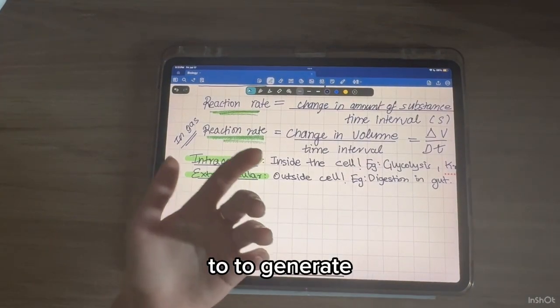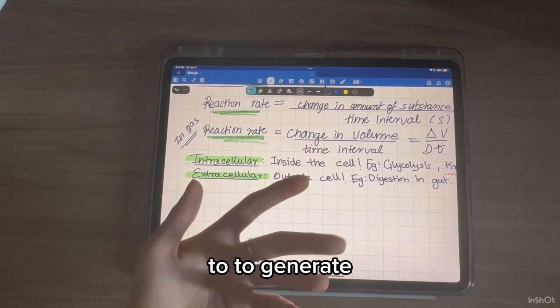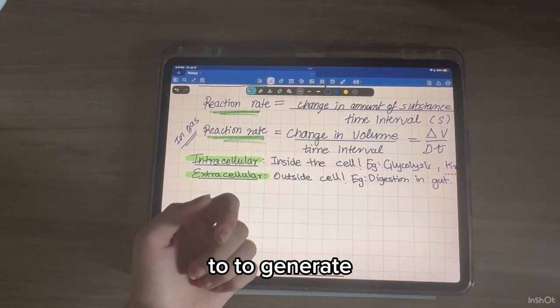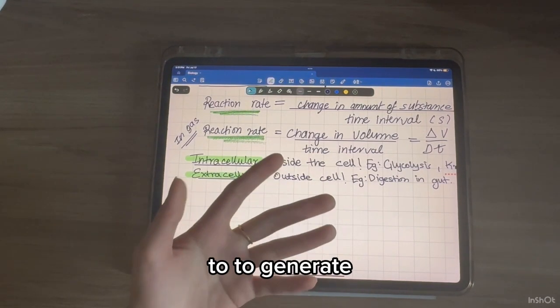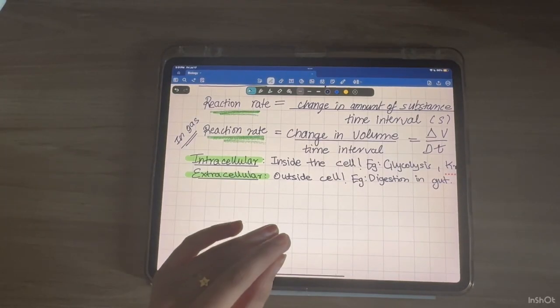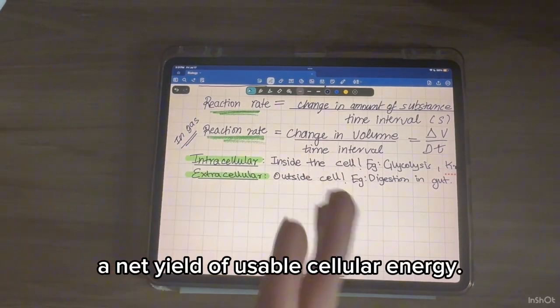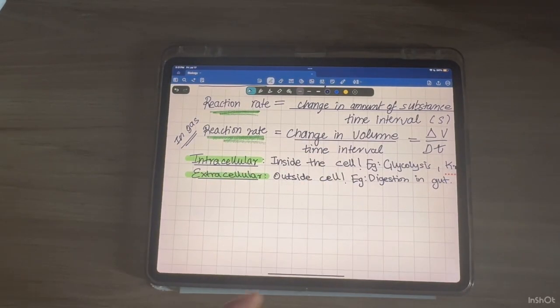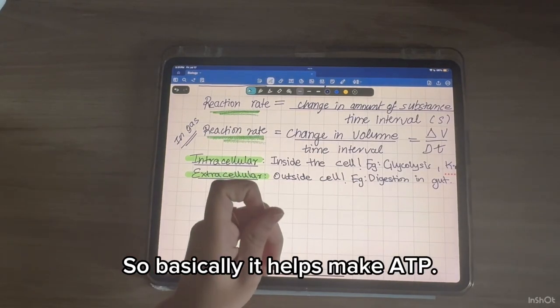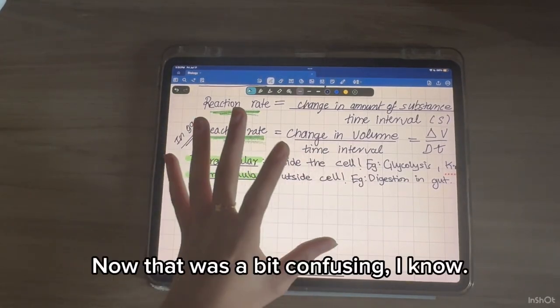Now, pyruvate is used in our body to generate a net yield of usable cellular energy. So basically it helps make ATP. Okay. Now that was a bit confusing, I know.